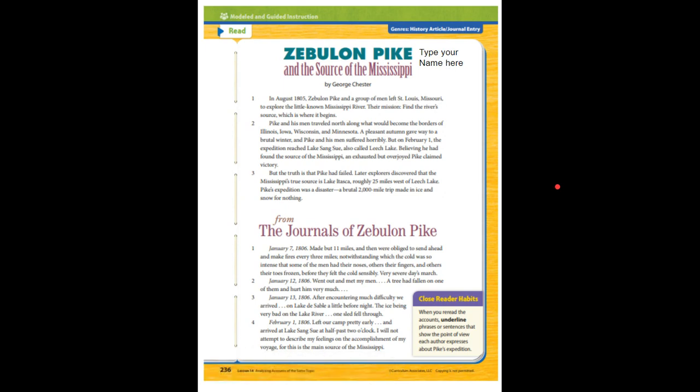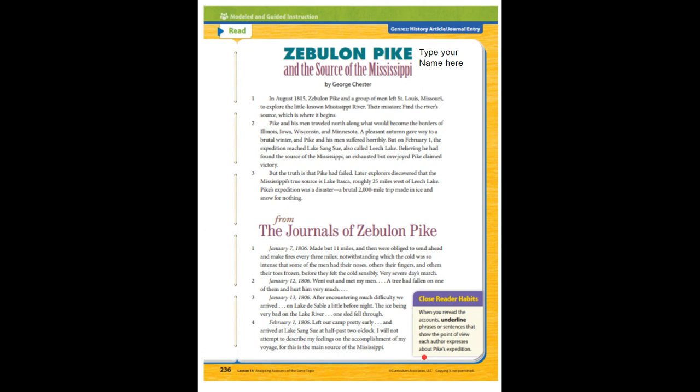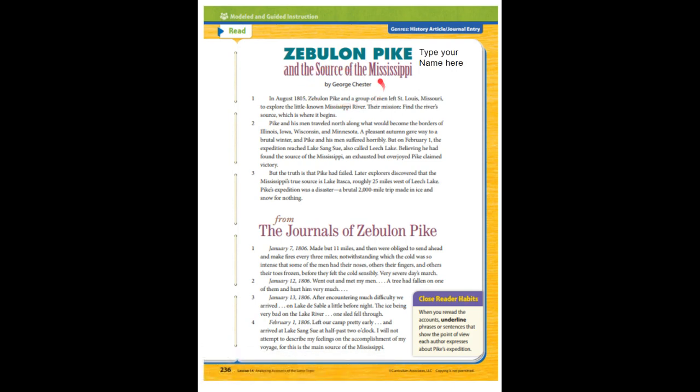We actually have a history article here, and then we have a journal entry here. So two very different points of view. Before we get started, I really want us to start by looking at the titles. You can tell how different the points of view are going to be, because this title up here is Zebulon Pike and the Source of the Mississippi by George Chester. George Chester wrote this history article about Zebulon Pike and his quest to find the source of the Mississippi.